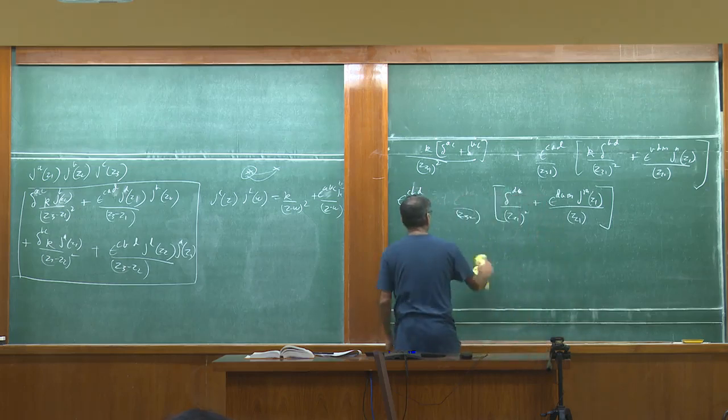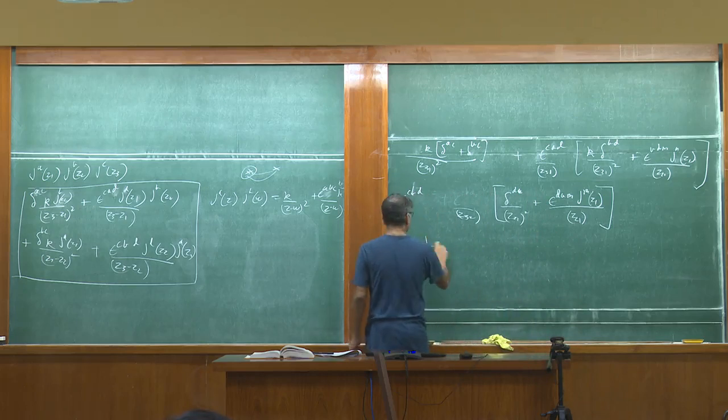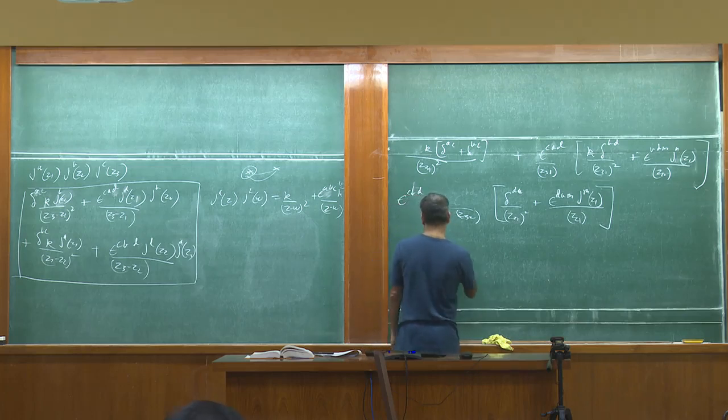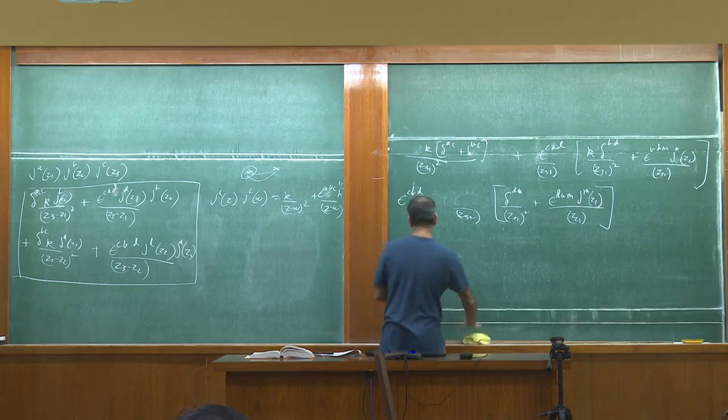So let's work out the Taylor expansion. So this is 1 over Z31. So Z3 minus Z1 plus Z1 minus Z2. So it's 1 over Z31 plus Z12, or Z31 minus Z21.